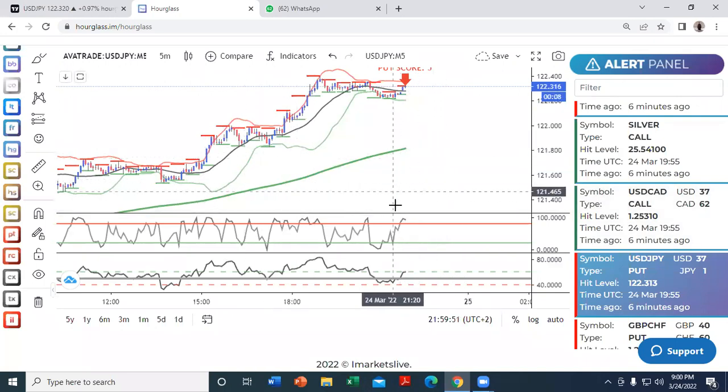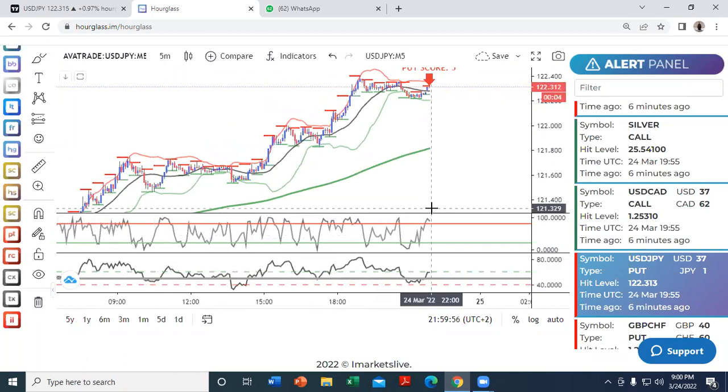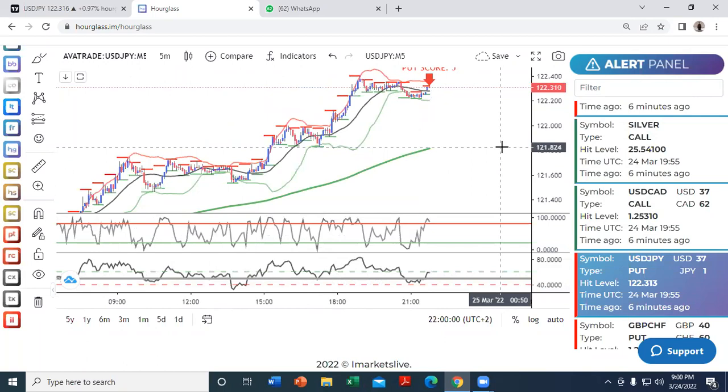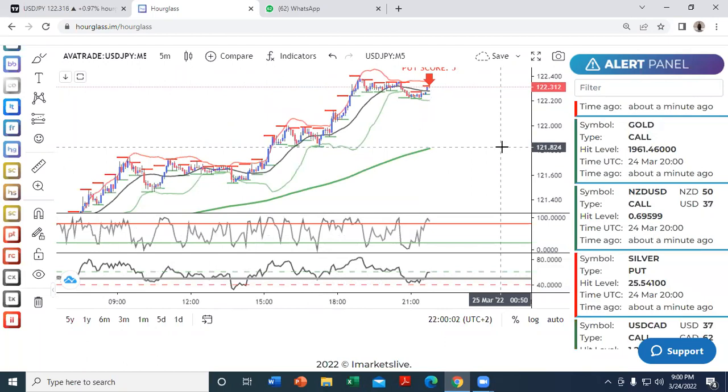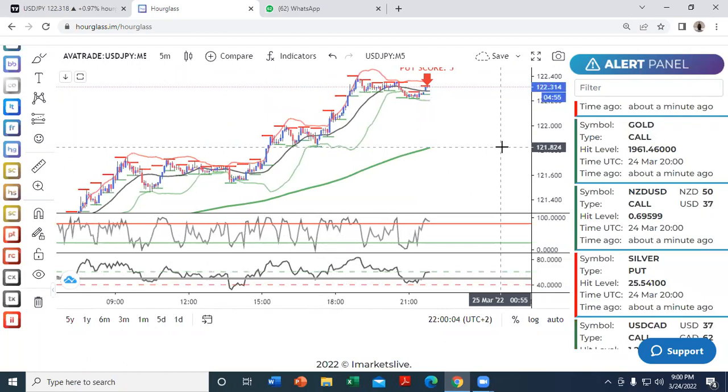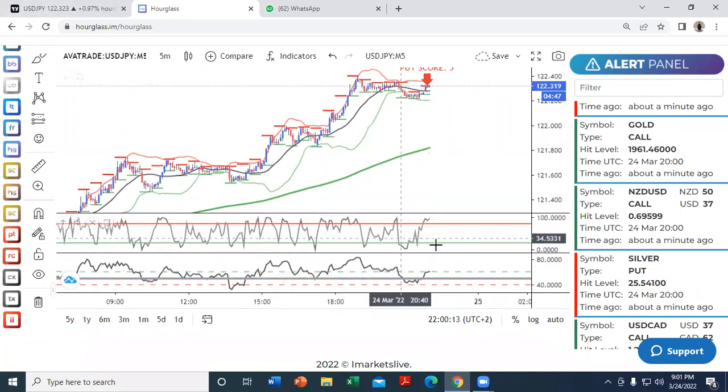Now, these last two I'm about to talk about are the most important indicators that must align in Hourglass before you take the trade. It must align, right? Now, the first one up here is called the stochastic.